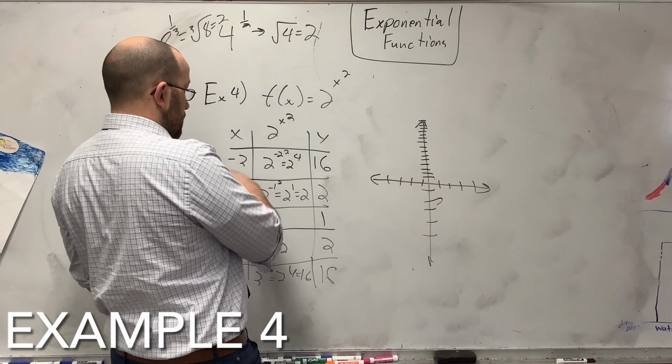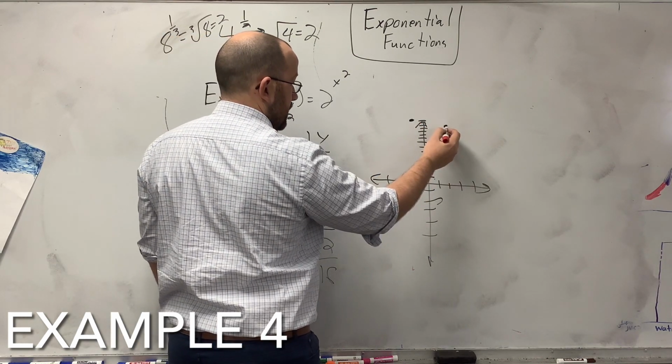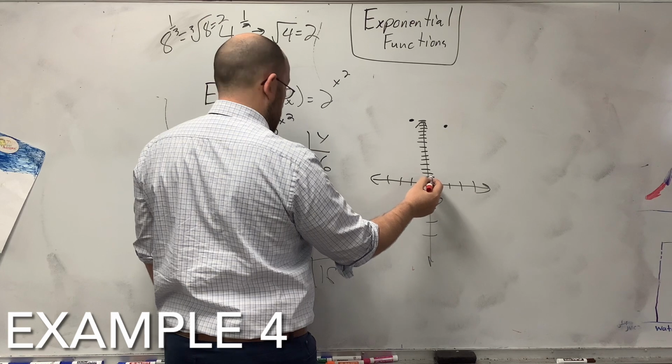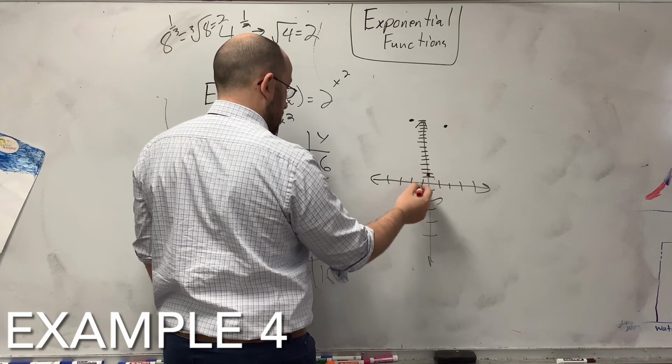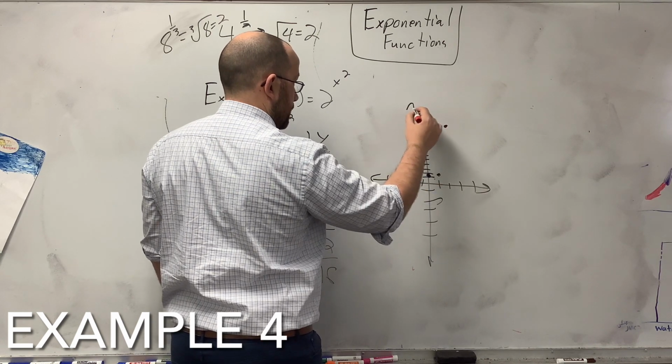So -2, 16, 2, 16, 0, 1, and -1. There you go.